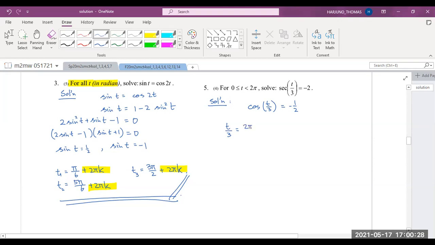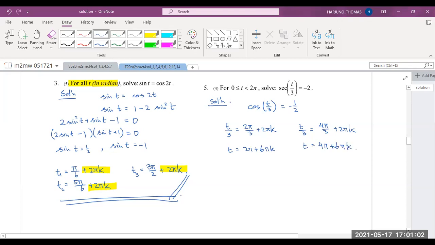That's 2 pi over 3 plus 2 pi k. Okay, in quadrant 3, that is 4 pi over 3 plus 2 pi k. Right, in quadrant 2 and quadrant 3. Now multiply by 3, you get 2 pi plus 6 pi k. T equals 4 pi plus 6 pi k.